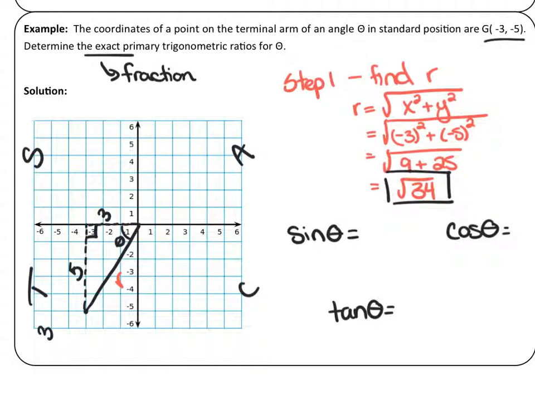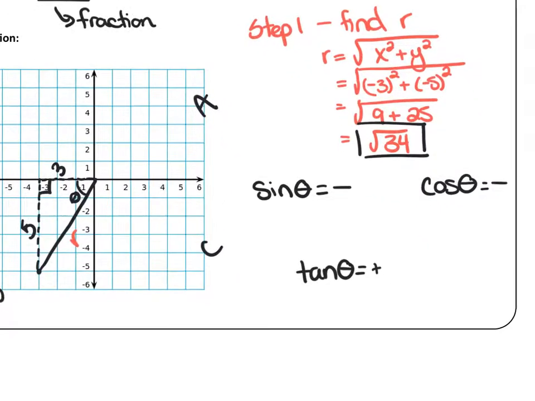So first, I'm going to do what I did last time. In this quadrant, I know that tan is positive, so that's fine. But cos is negative and sine is negative. So I'm just going to throw the negatives there already.